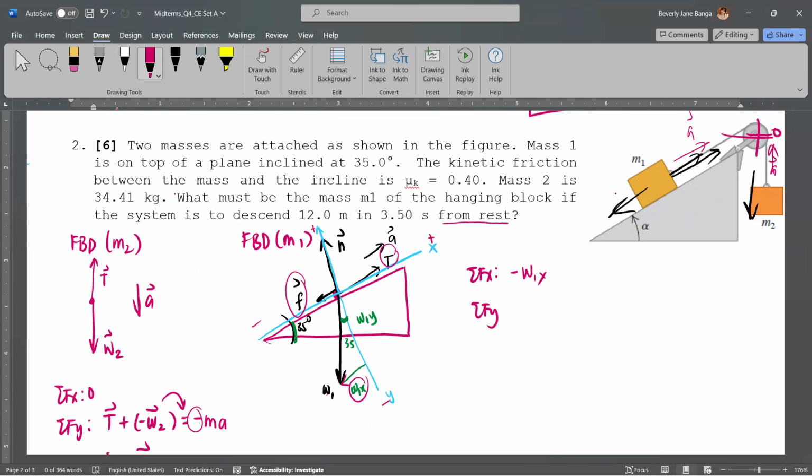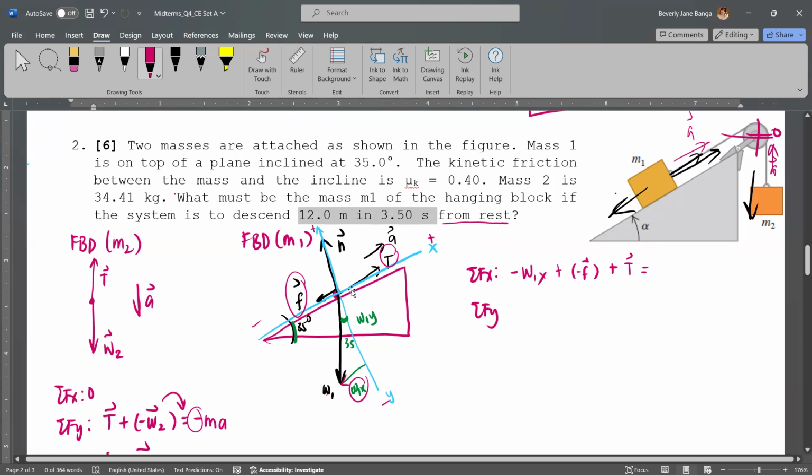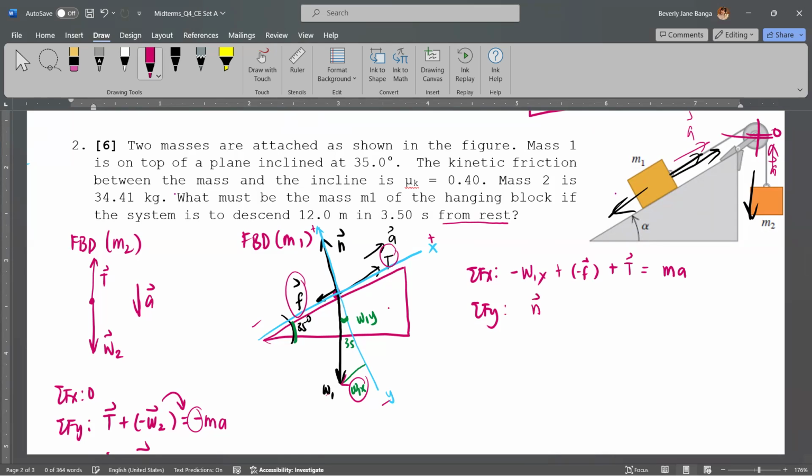So, negative W1X plus negative friction plus tension is equal to the object is accelerating along x, di ba? Kasi may acceleration vector tayo dito. And positive yung acceleration niya. So, this is simply equal to ma. But for our y-axis, meron lang tayong normal, positive, plus negative W1Y is equal to 0.